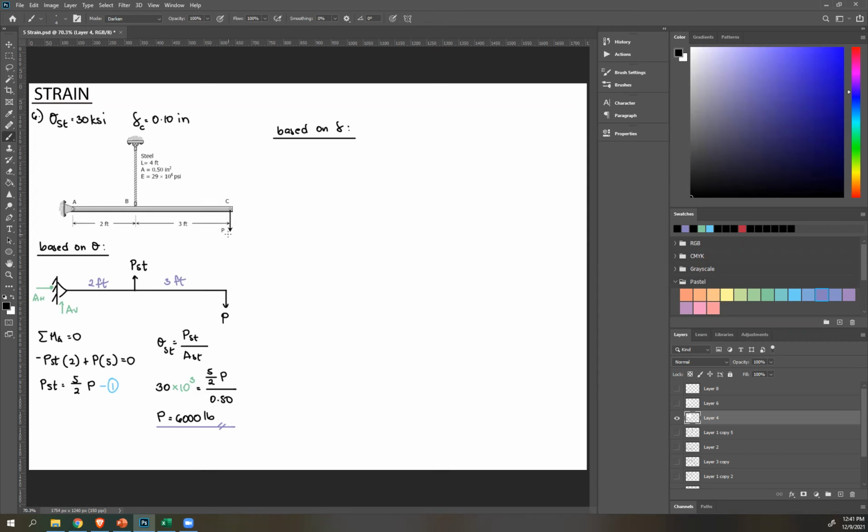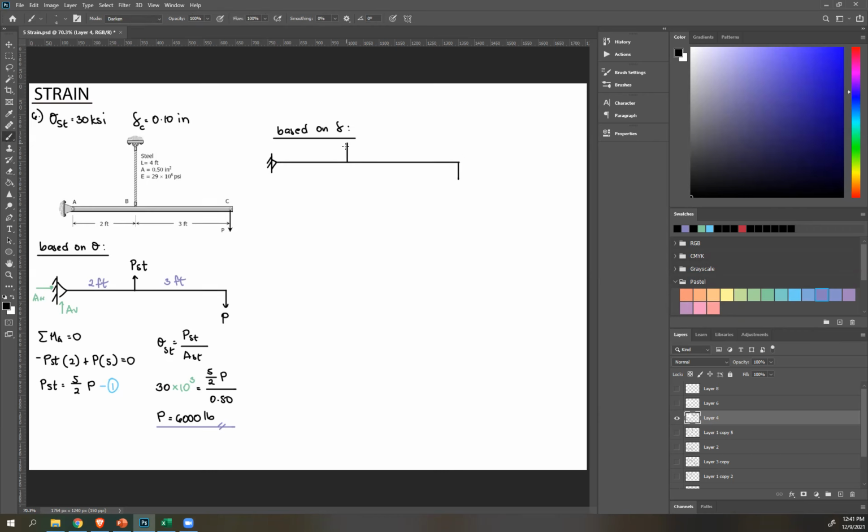Okay. So what now? I'm given this displacement at C. So what you can do is figure out how that displacement relates to your system. Okay. So let me draw what will happen. So once again, you have your system this way, right? Let's make it longer. 2, 3. Okay.